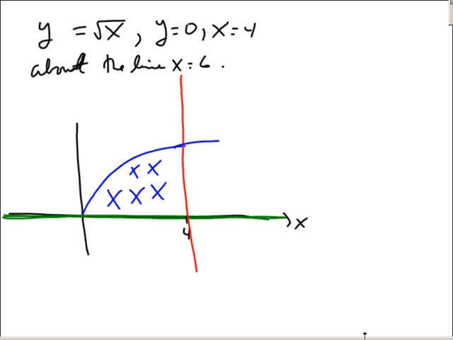Okay, and we would just love to revolve this area. So let's get rid of the pieces we really don't need. We want to revolve that region about the line x equals 6.